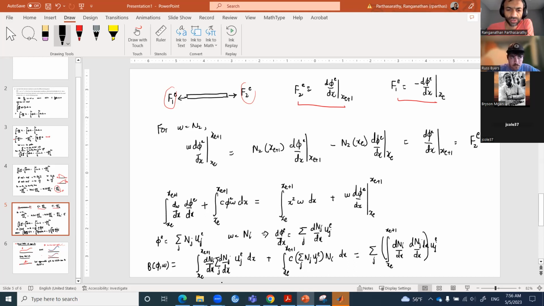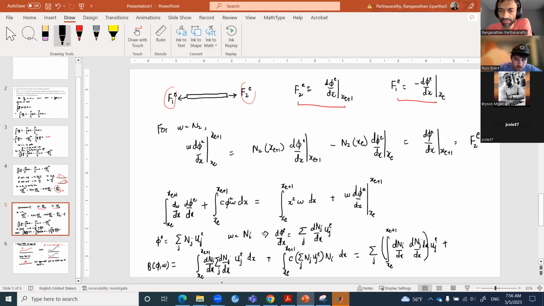Because this summation is over j and the integral doesn't depend on that, the summation can come out, and uj is again independent of the integral, so uj can come out of the integral.